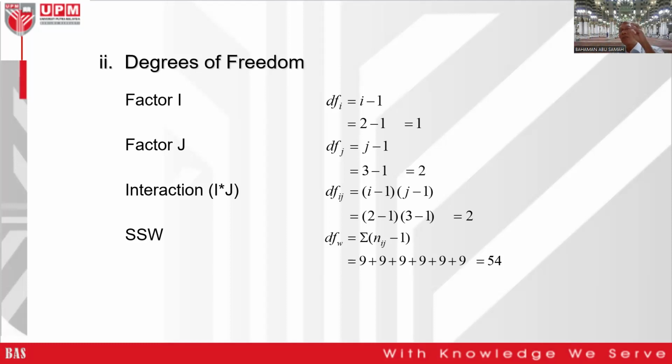So Nij refers to male autocratic, female autocratic, male democratic, female democratic, male laissez-faire, and female laissez-faire. For each group we have 10 cases, so 10 minus 1 will be 9.